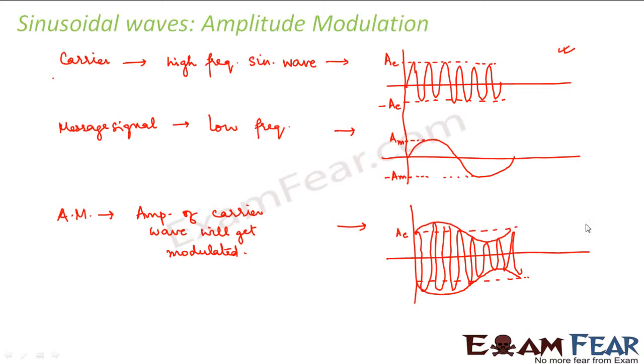And this is known as an amplitude modulated wave. Now this wave is a high frequency wave. And what was our aim? Our aim was to convert this low frequency wave into a high frequency wave. And we did that, right? So this is how amplitude modulation takes place.